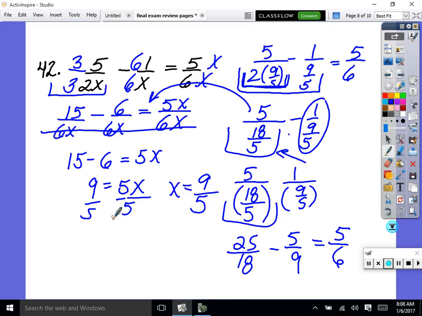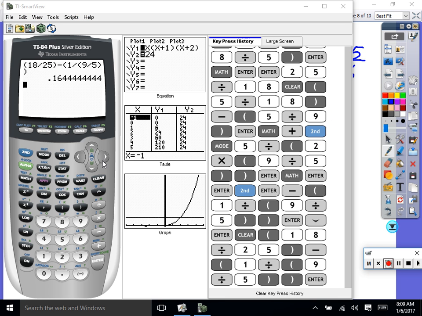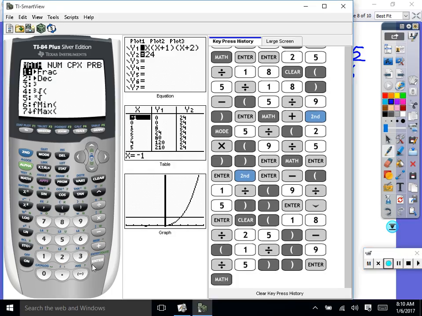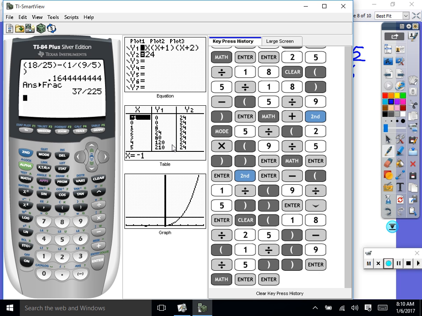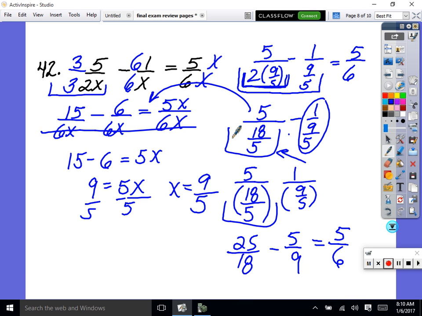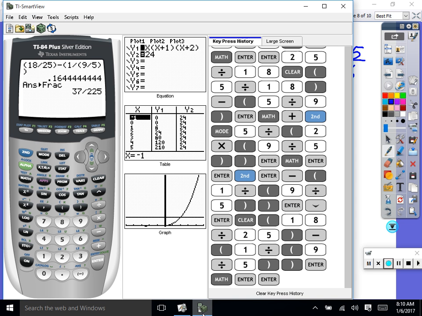And then we have 25/18 minus 5/9. What the heck? I swear this one didn't come out extraneous. I must have just not hit the right thing because I'm typing it in now. We figured out that first one was 18/25, and then we had -1 divided by 9 fifths. I get the right thing. So I don't know where I had. Oh, what the heck? Oh, 9 fifths. Did I type that in right?